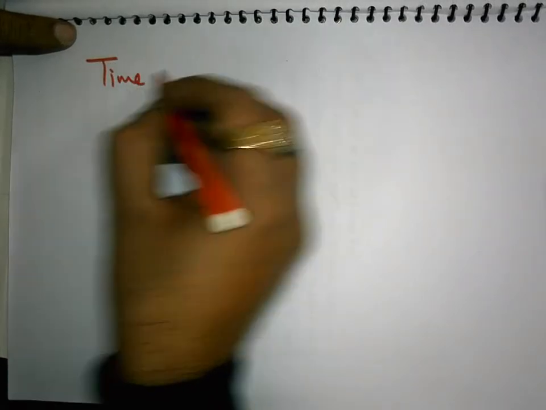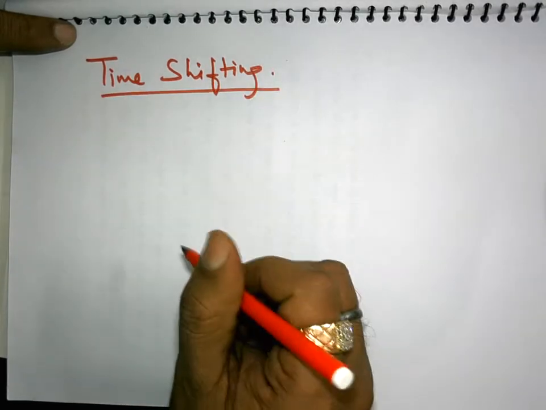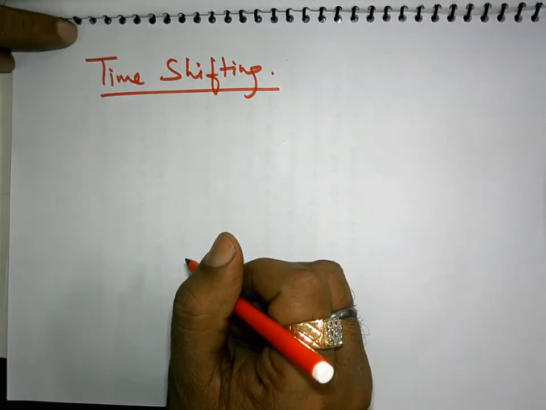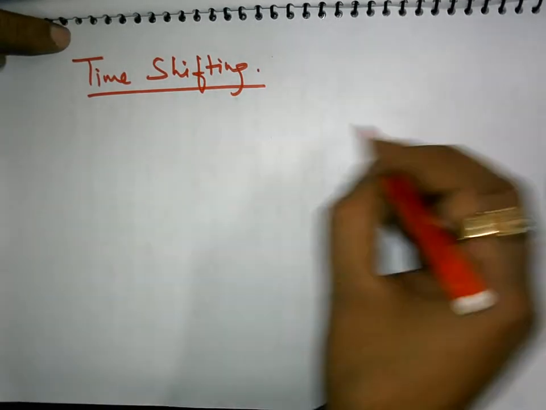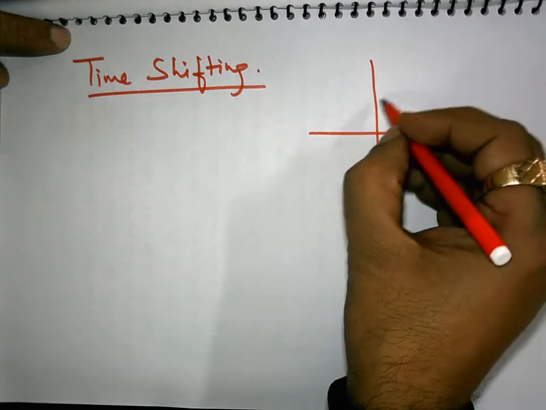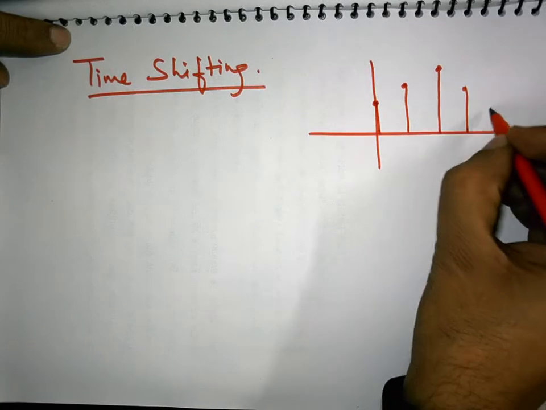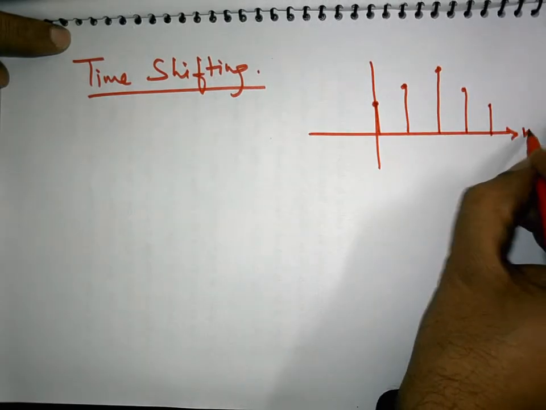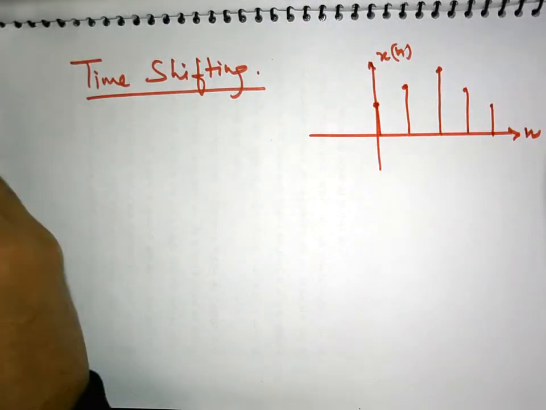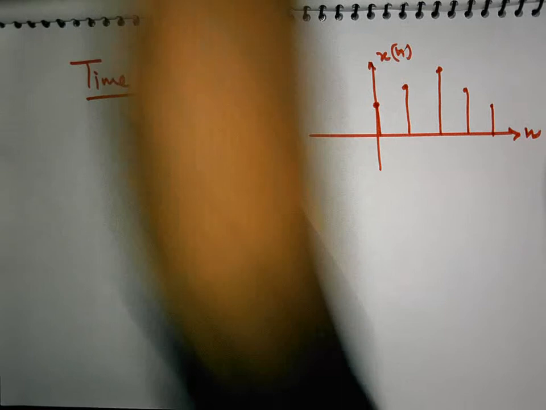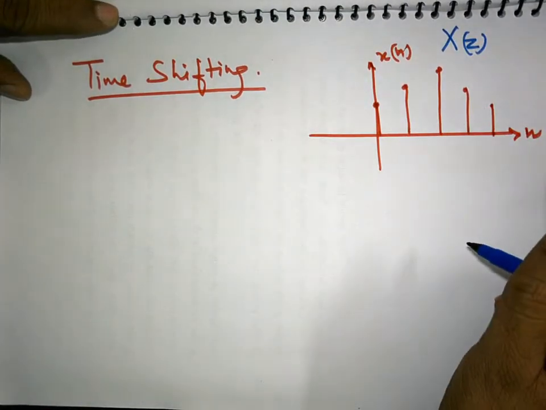One more property is the time shifting property. What this time shifting property says is that, suppose we have a signal x[n], and we obtained its z transform, and suppose the obtained z transform is X(z).